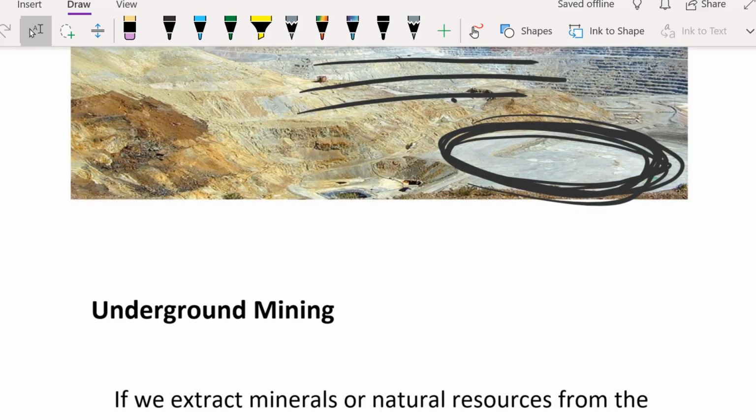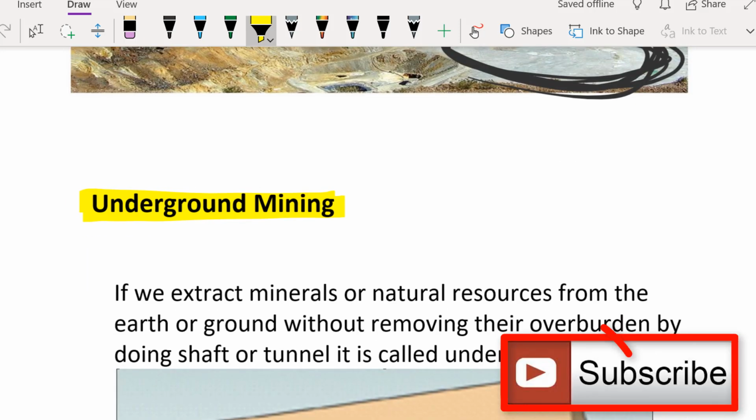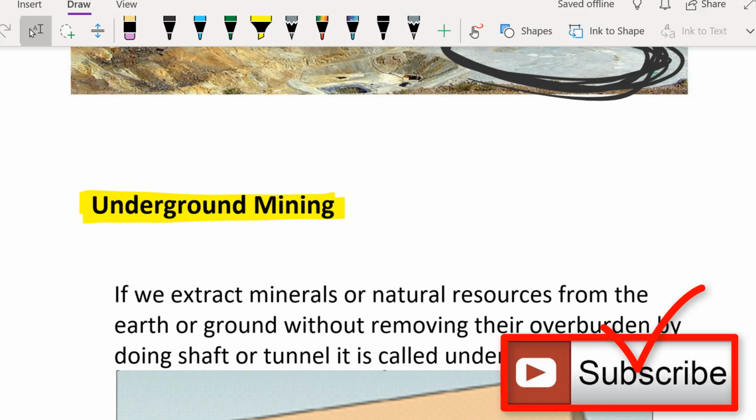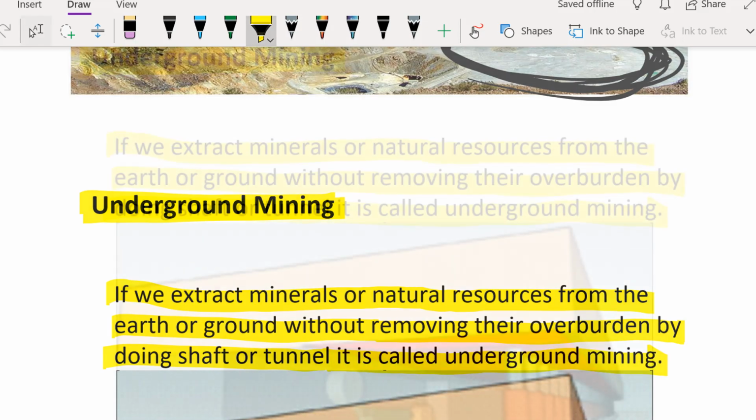Now, on the other hand, let's get the concept of underground mining. According to the definition, if we extract minerals or natural resources from the earth or ground without removing their overburden, by making a shaft or tunnel, it is called underground mining.